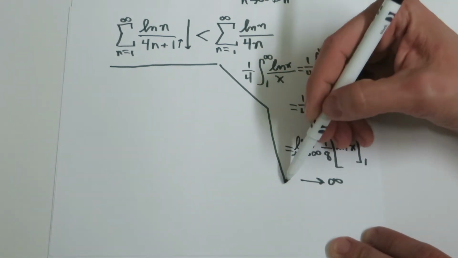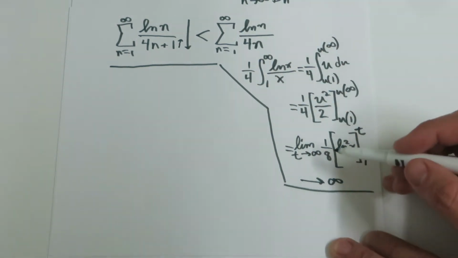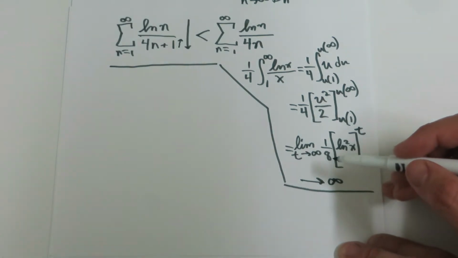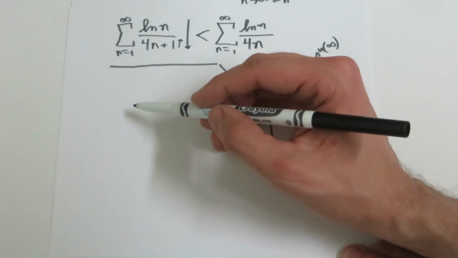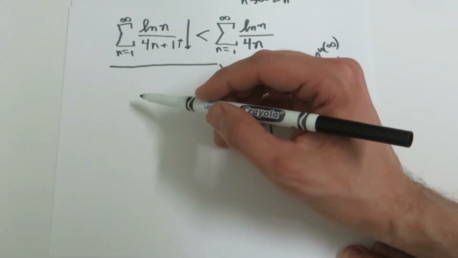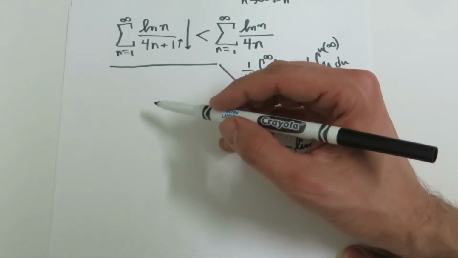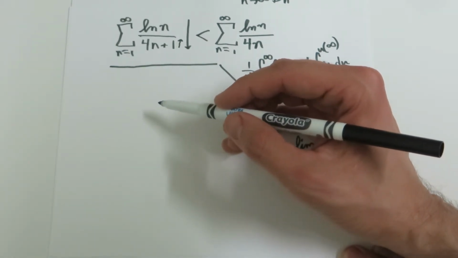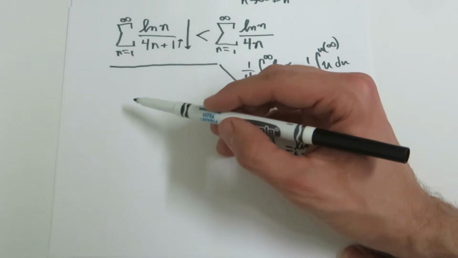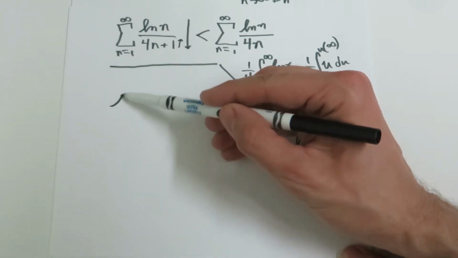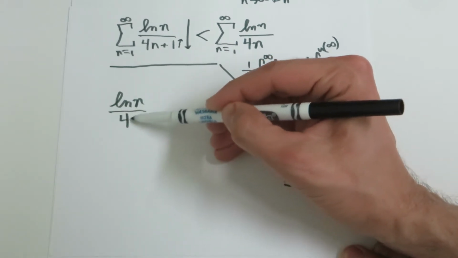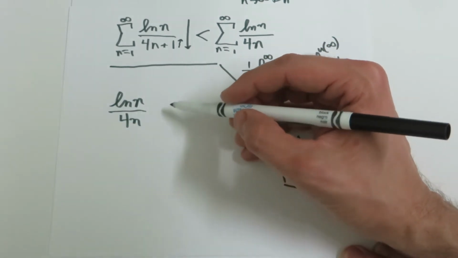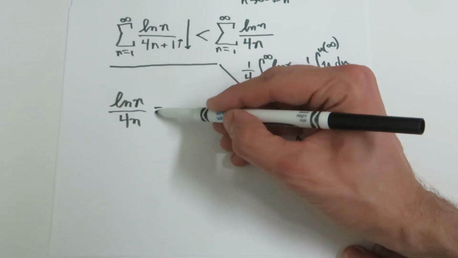We've shown that the greater series is divergent. So with our limit comparison test, we can say that ln of n over 4n, let's let this equal our b sub n.